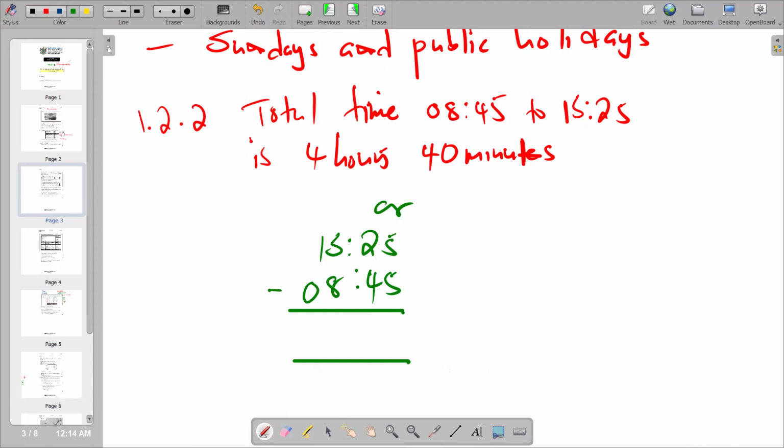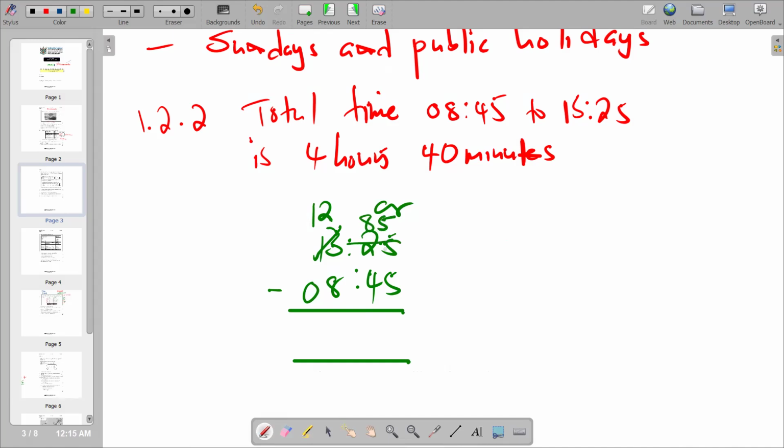In that case, you take 1 hour from 13, so it becomes 12. That 1 hour is 60 minutes, and we add it to 25, which becomes 85.